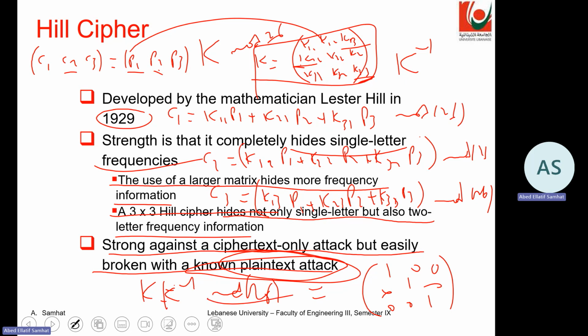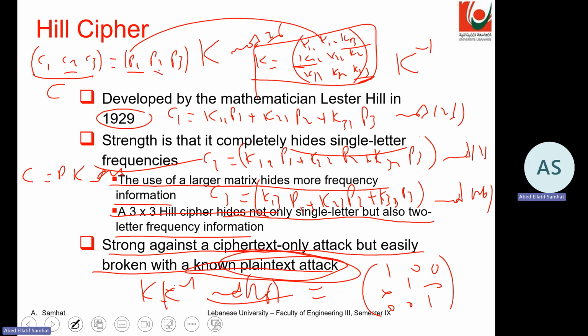So how is the decryption done? The decryption is done, as we said, using K minus 1. To summarize, the ciphertext vector C equals the plaintext times K mod 26.